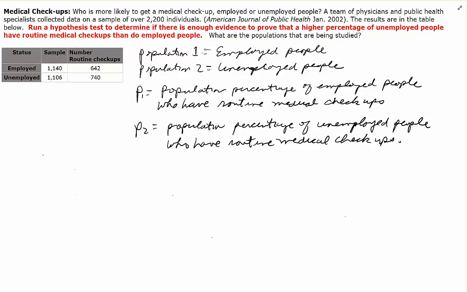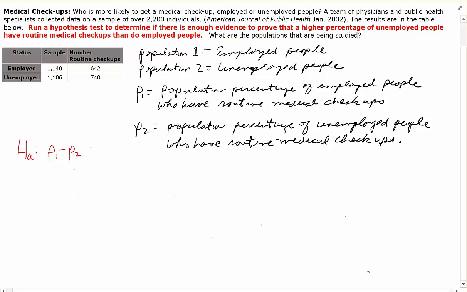So what we want to show is that the population 2 percentage, the unemployed, is greater than the population 1 percentage of employed people. So I want to show that the difference between these two population percentages is less than 0. In other words, it's negative.